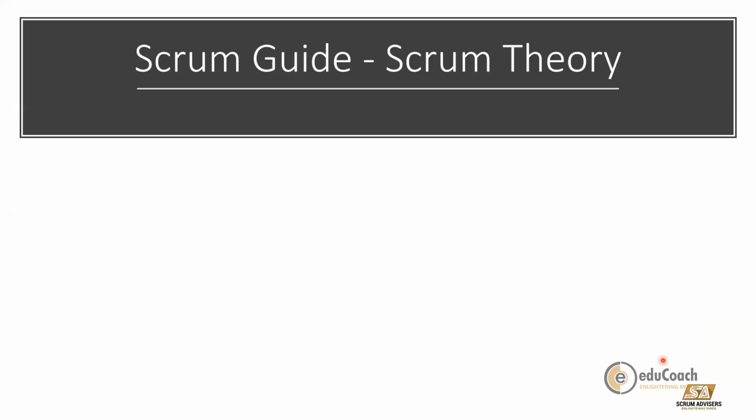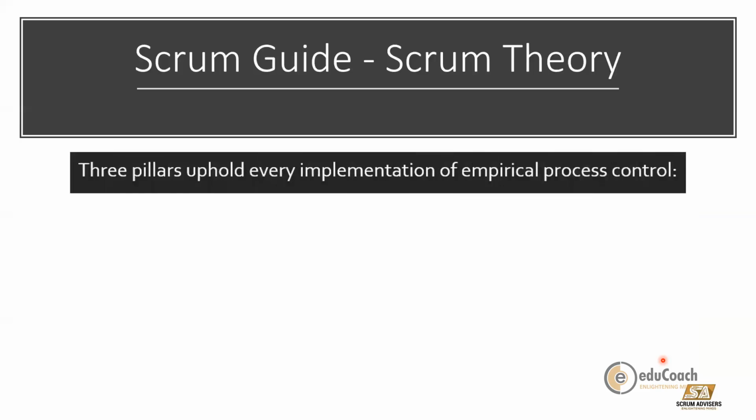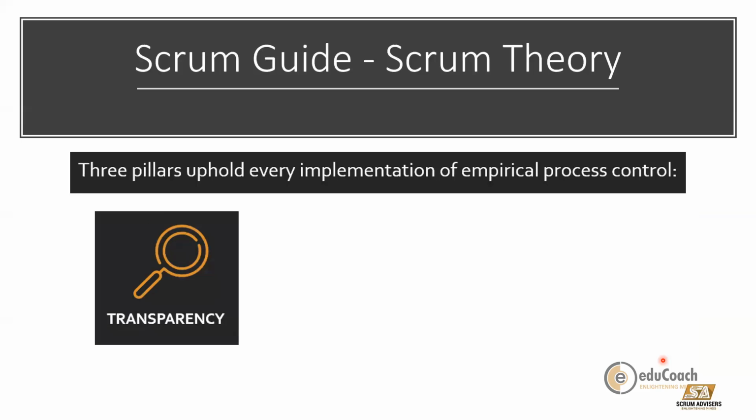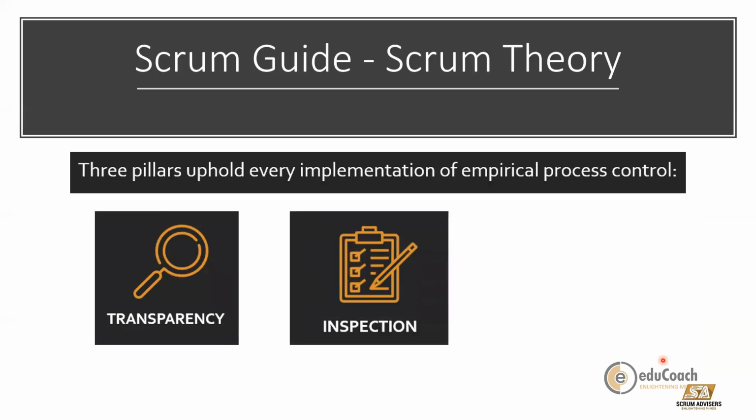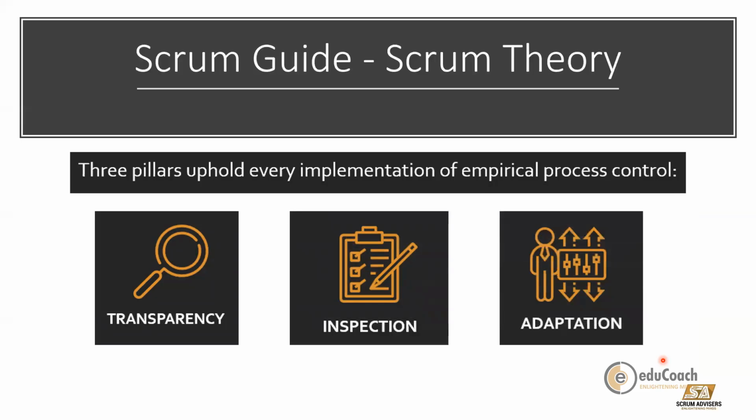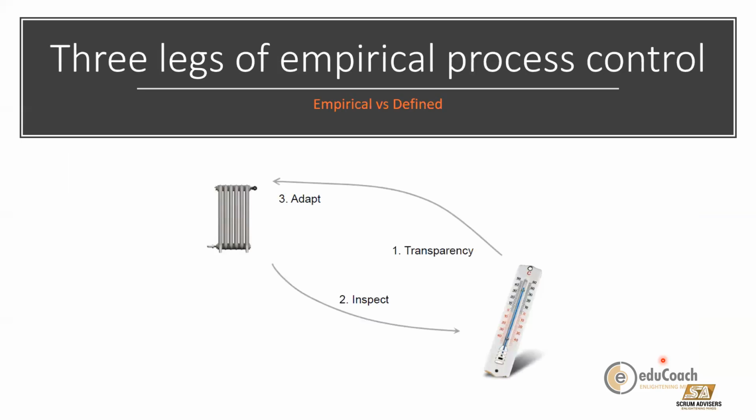So 3 pillars uphold every implementation of empirical process control. What are those 3 pillars? We already saw those, I'll just reiterate again: transparency, inspection, and adaptation. Remember these 3 legs? The thermometer creates the transparency.